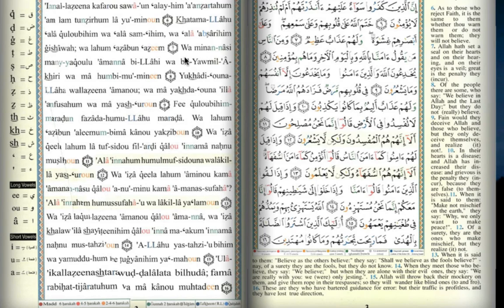If you pay attention, it goes from the bottom of your throat all the way up to the top of your throat. And it's arranged like that on purpose. And they're actually called the throat letters, as you're going to see. Huruf al-halqiyah. Okay, the throat letters.